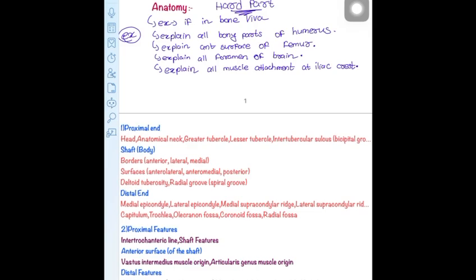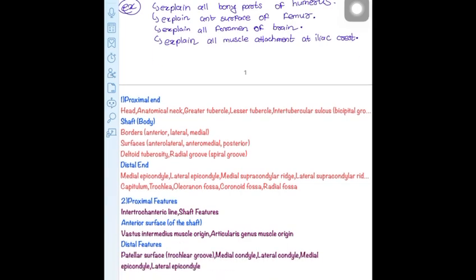So in anatomy, if I give you an example of how questions could be formed, in bone viva, hard part, we can say, explain all the bony parts of the humerus.